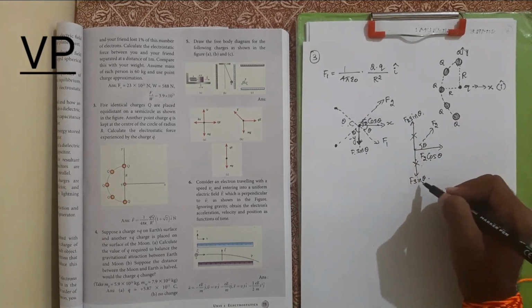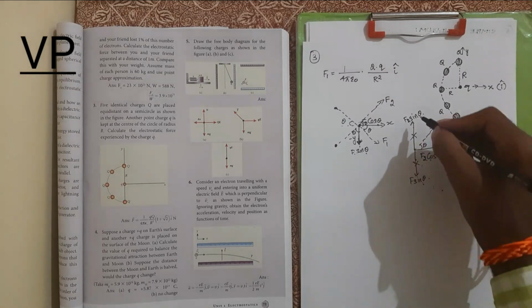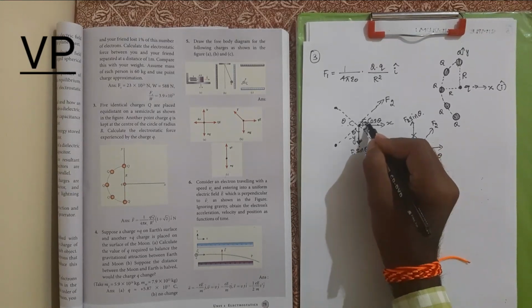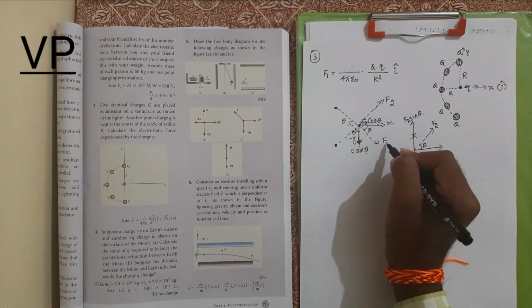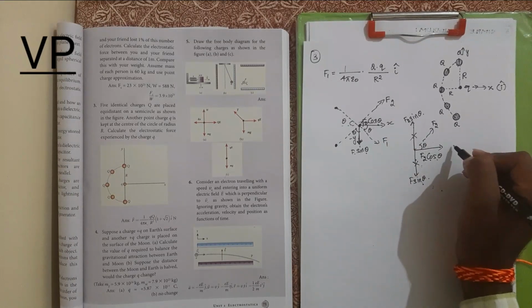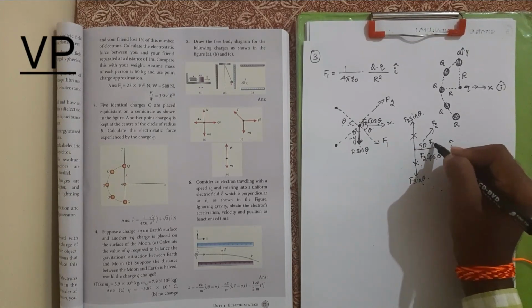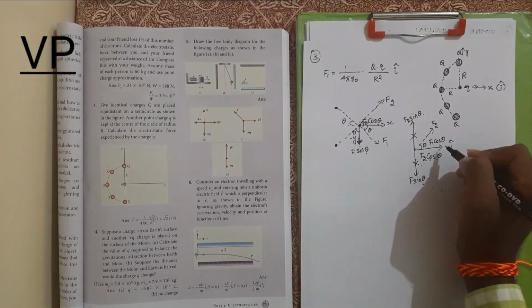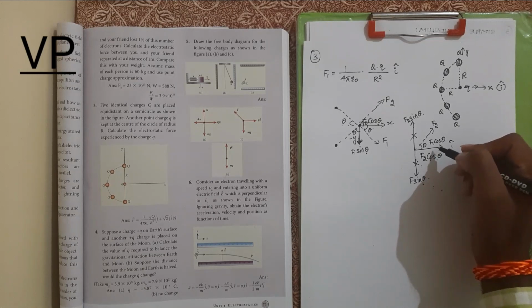So there is no sine theta component, that is, there is no y component at all. Here there is F2 cos theta, and one more F1 cos theta is also here. F2 cos theta acts along the i cap direction, and F1 cos theta also acts along the i cap direction. So there are two cos components.